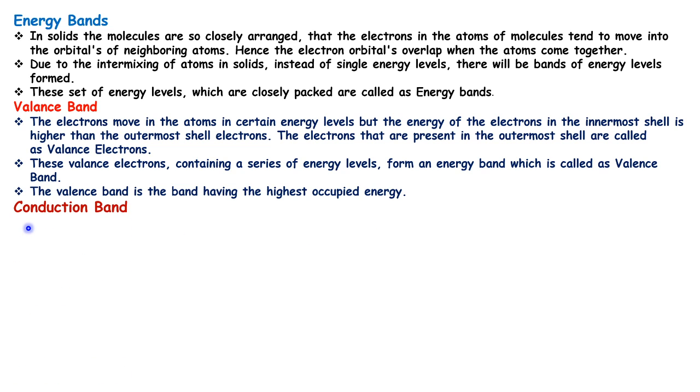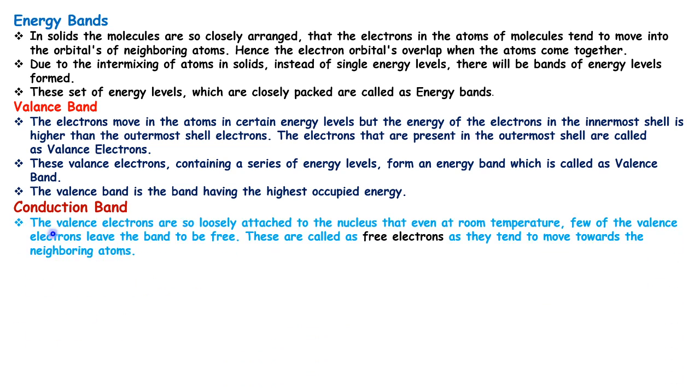Conduction band. We define the conduction band like this. The valence electrons are so loosely attached to the nucleus that even at room temperature, a few of the valence electrons leave the band to become free. These are called free electrons as they tend to move towards neighboring atoms.